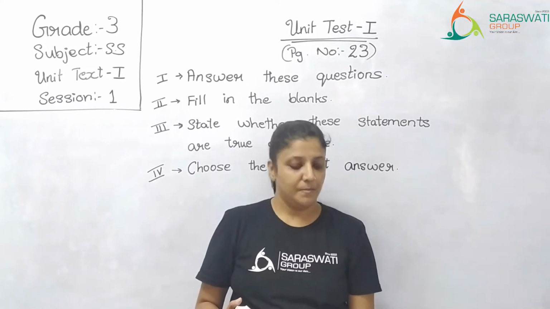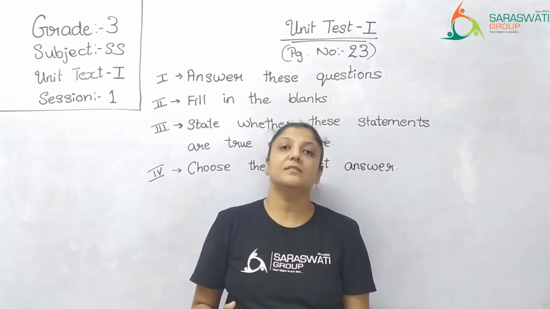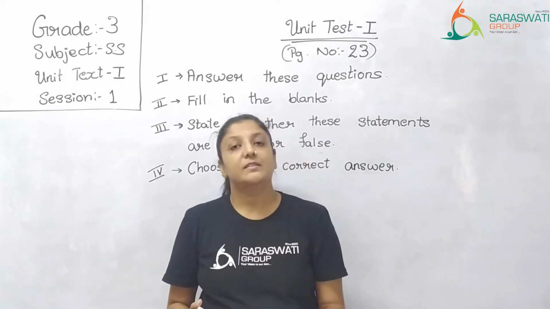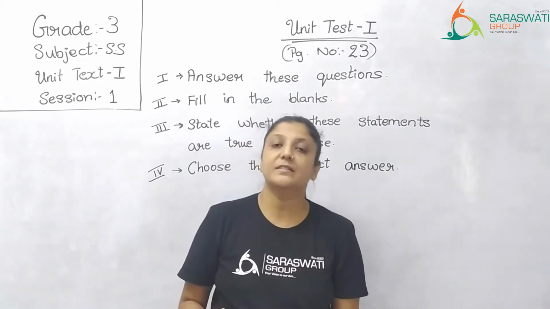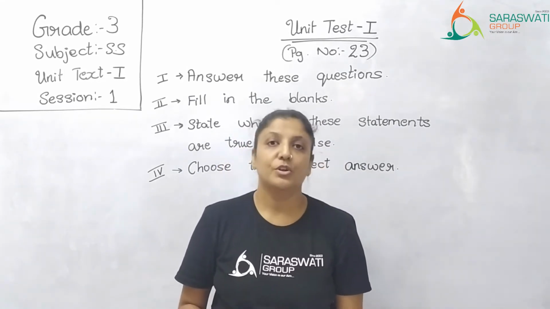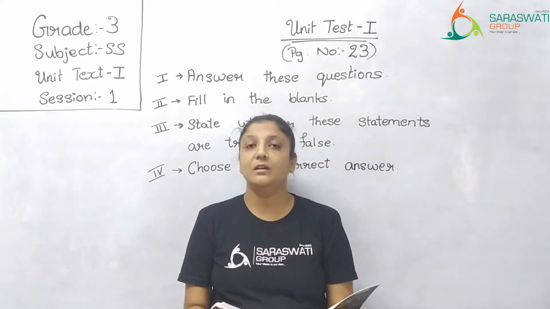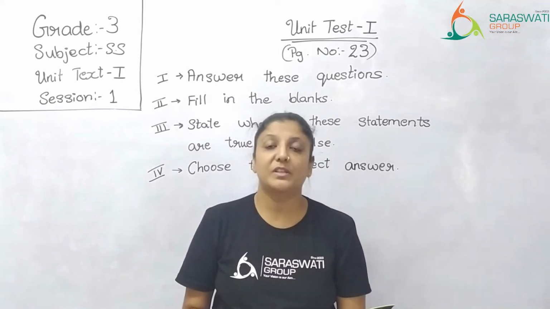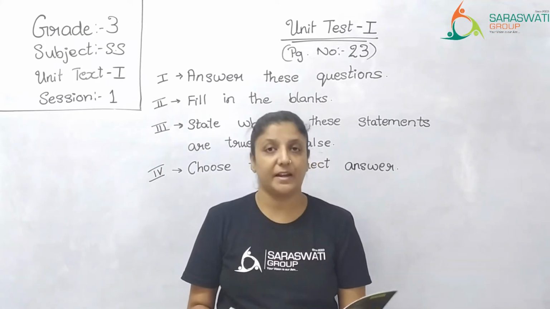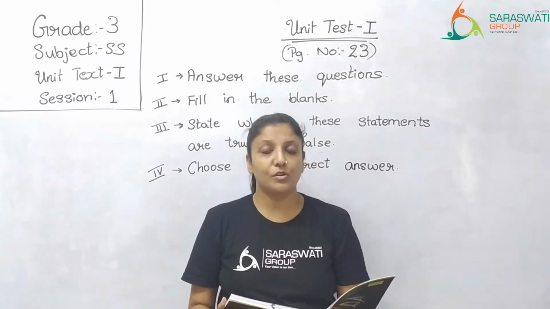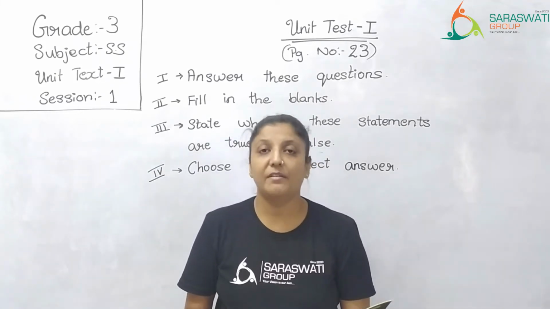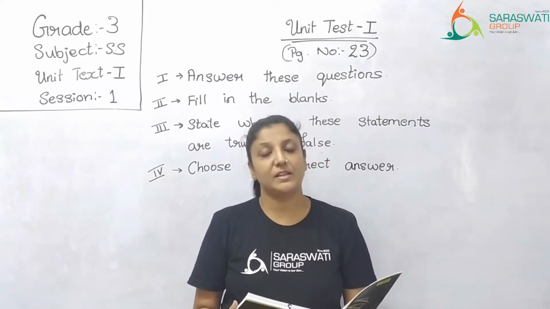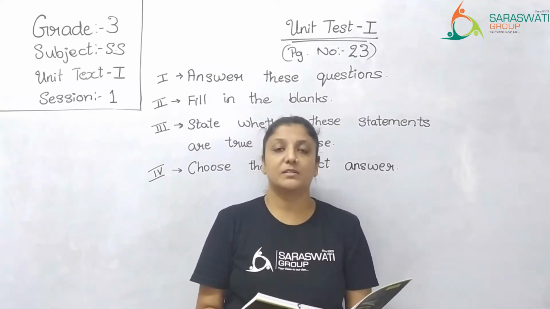You have to write all the names. Be careful. The spellings of these planets must be correct. Do not write wrong spellings. If you are having difficulty, then practice the spellings of these words. Clear?